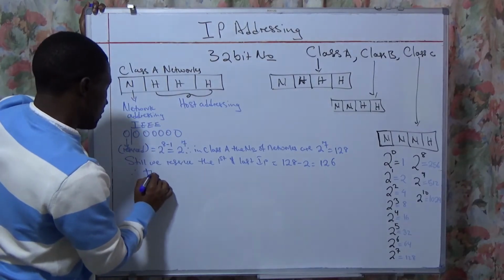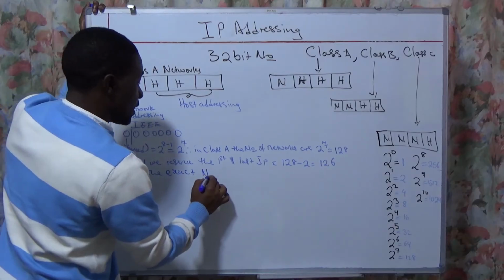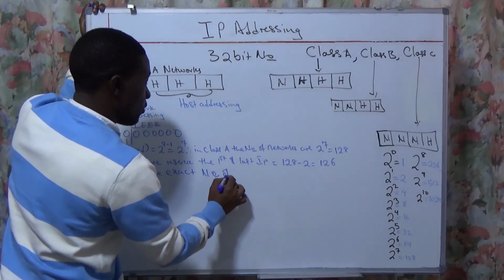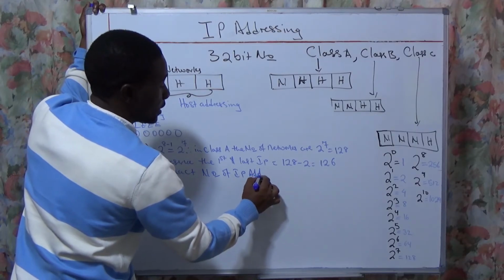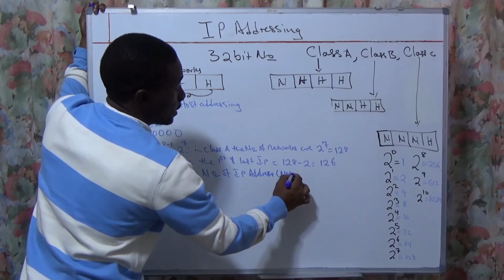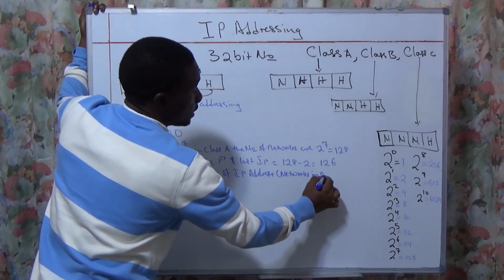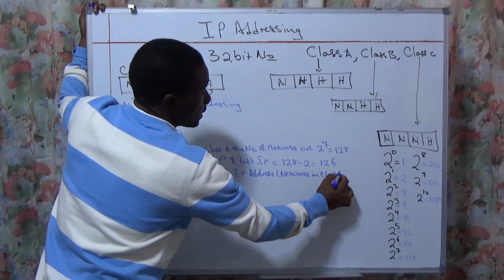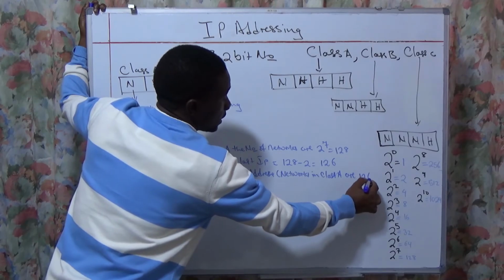Therefore, the exact number of IP addresses, in brackets networks, in class A is 126.